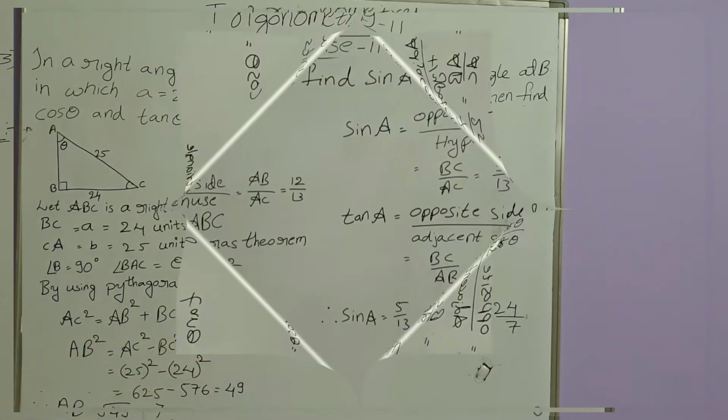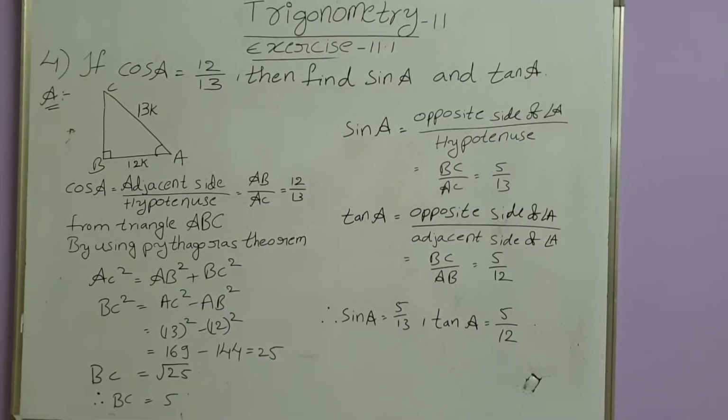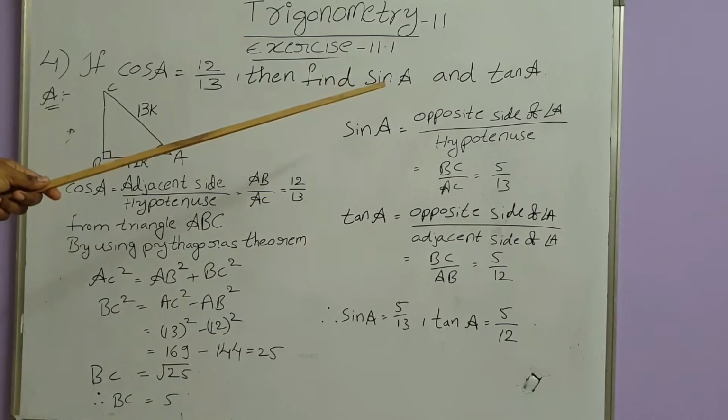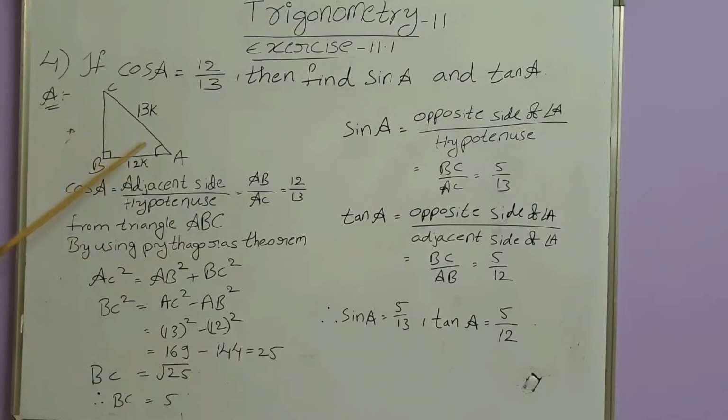In this fourth question, if cos A is equal to 12 by 13, then find sin A and tan A. Given cos A, angle at A. Take one right angle triangle ABC.